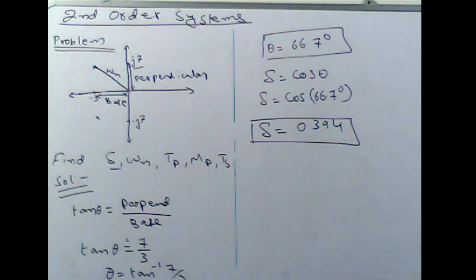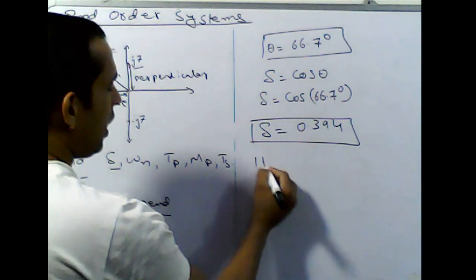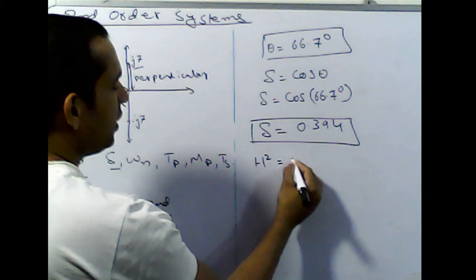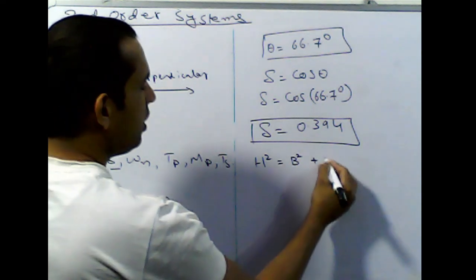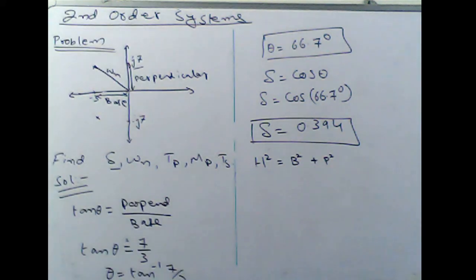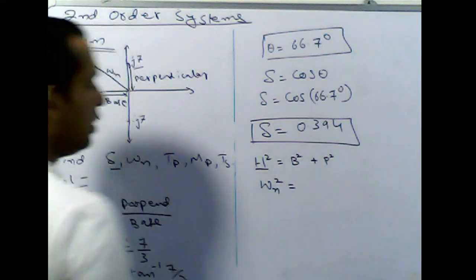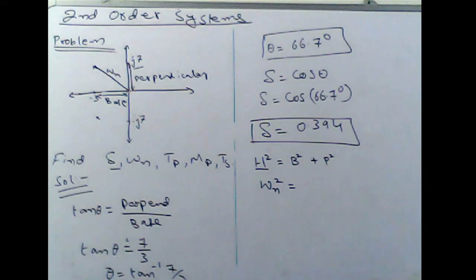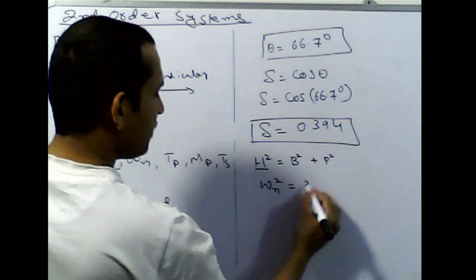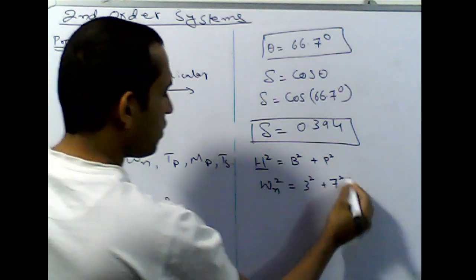Next, we need to find out the value of omega n. We'll use the same definition of hypotenuse, perpendicular and base. We know that hypotenuse square is equal to base square plus perpendicular square. Here hypotenuse is omega n. So omega n square will be equal to 3 square plus 7 square.